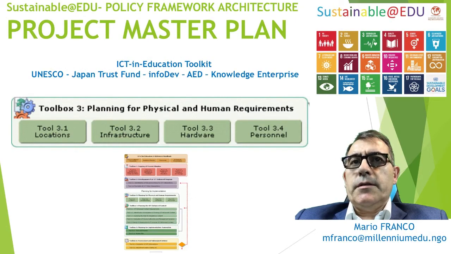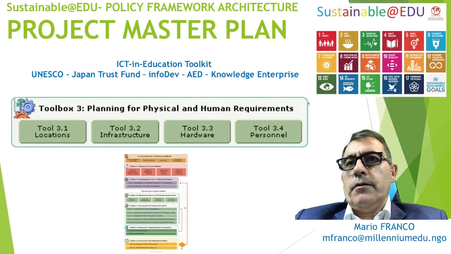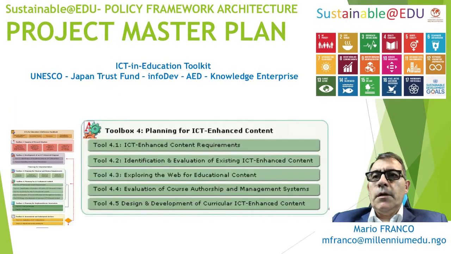Toolbox 3, planning for physical and human requirements, includes 4 areas: locations, infrastructure, hardware, and personnel, human resources.